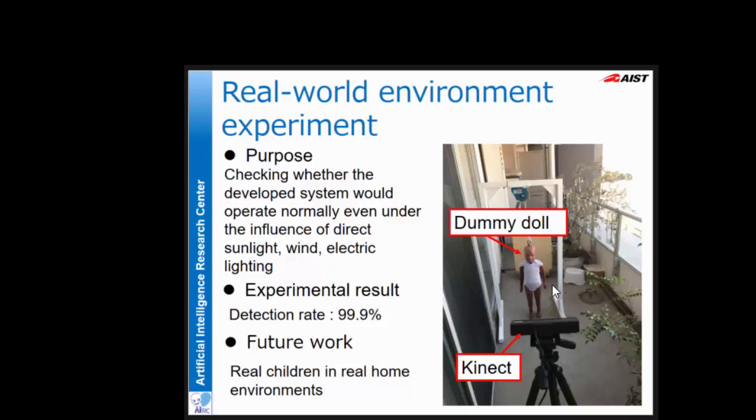In this experiment, we could not detect only 2 minutes in 24 hours, so the detection rate was 99.9%. From this, we confirmed the system operates normally even under the influence of direct sunlight, wind, and electric lights. As future work, we want to apply the developed technology to real children in real home environments.